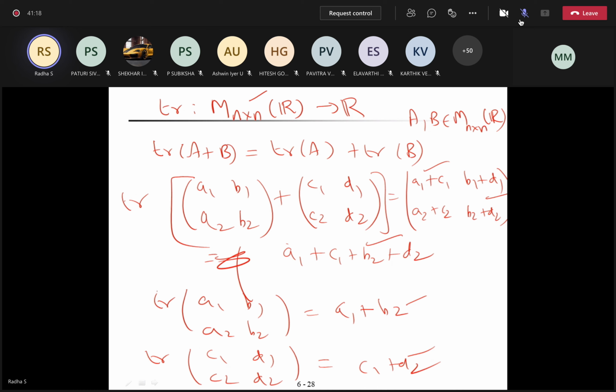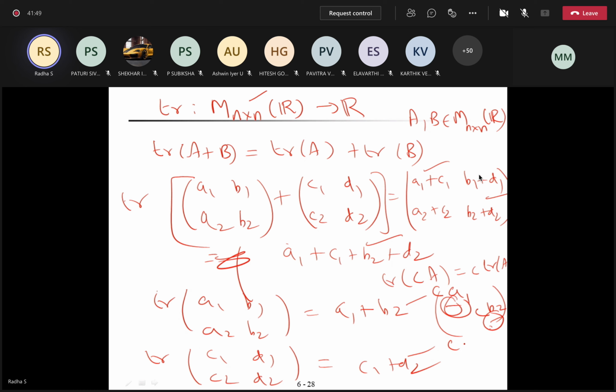Similarly, trace of C times A will always be equal to C times trace of A. Whenever you see C times A, the diagonal entries are multiplied by C. Our focus is on the leading diagonal. So if this is a1, it becomes C a1, and if this is d1, it becomes C d1.